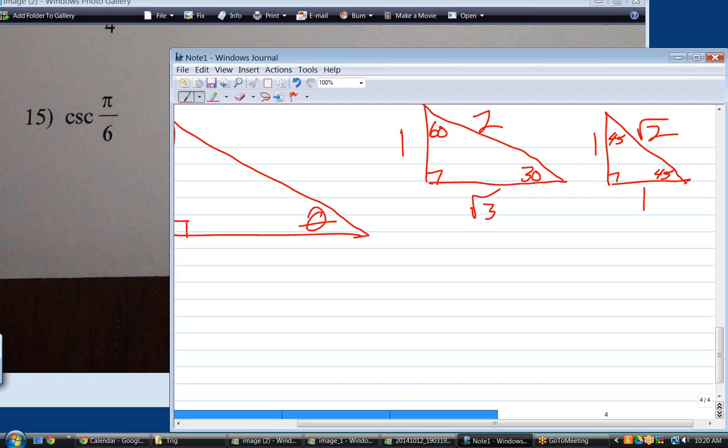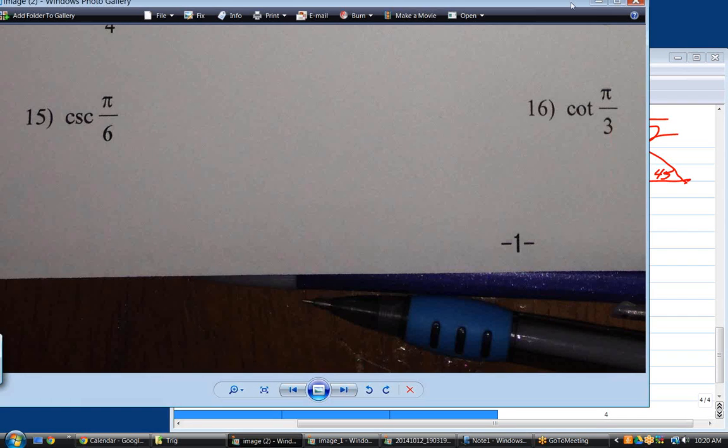But remember, cotangent is the reciprocal of tangent. Tangent is opposite over adjacent. So tangent of 60 would be root 3. The cotangent must be 1 over root 3.